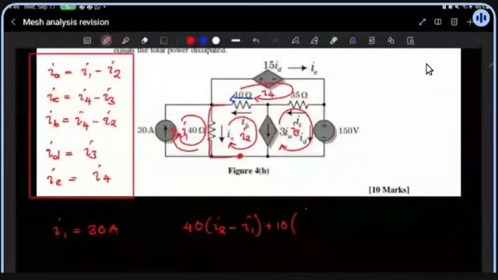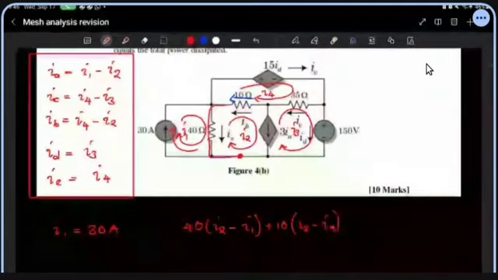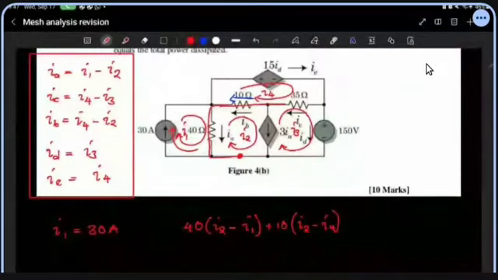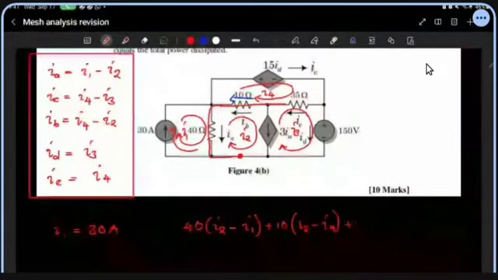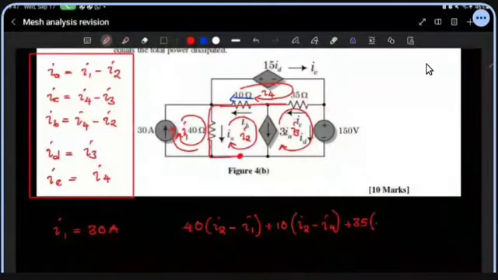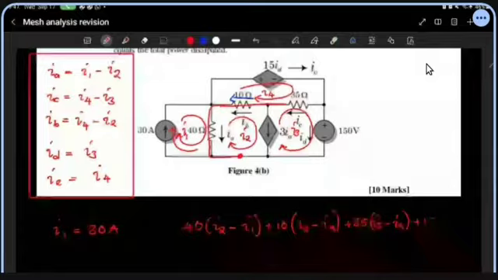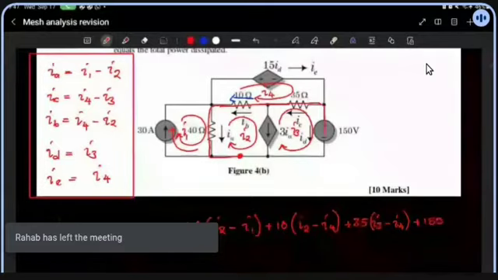We are looping as part of I2, but that resistor is shared with mesh I4. We continue, we skip the branch with a current source, we find the 35. We are looping as part of I3, but it is shared with I4. Then we find a current source, positive first, 150. That's the last element we encounter before we reach our point. So this has to be equal to 0.